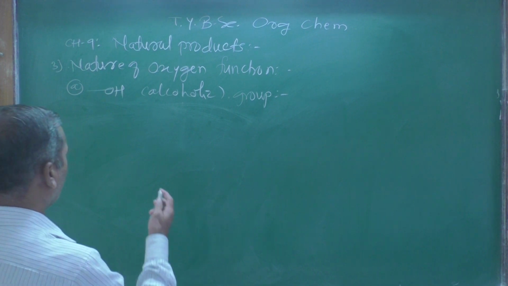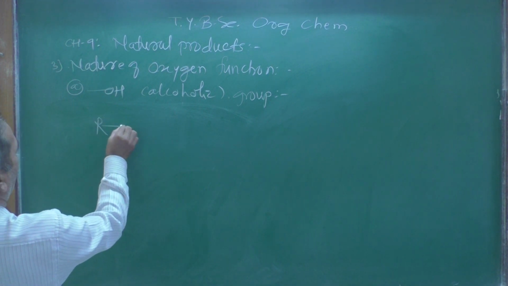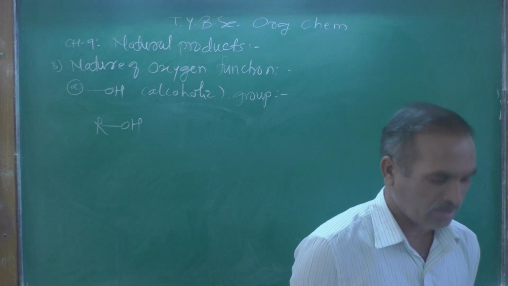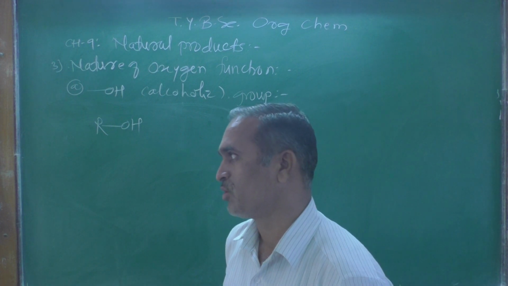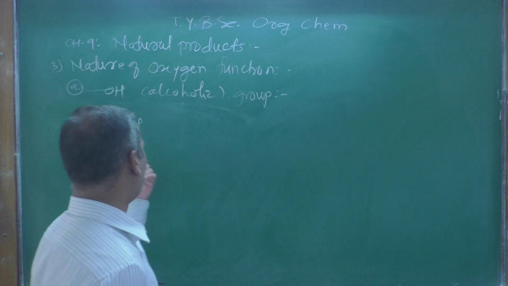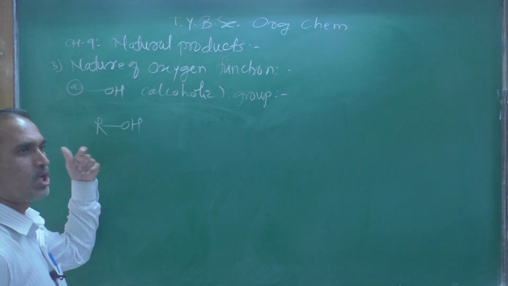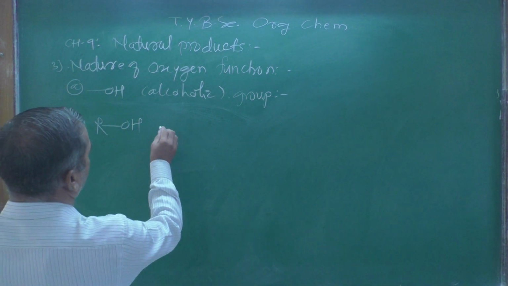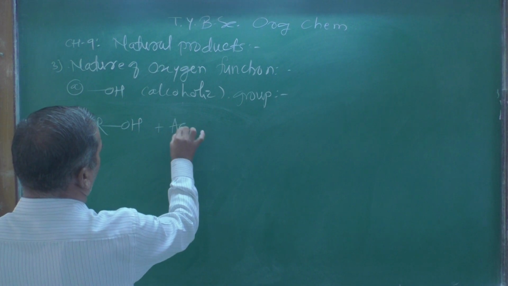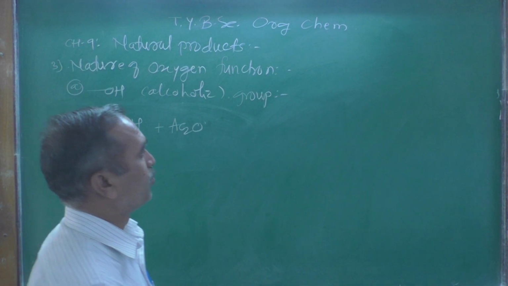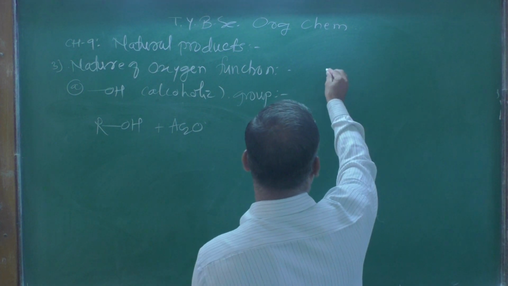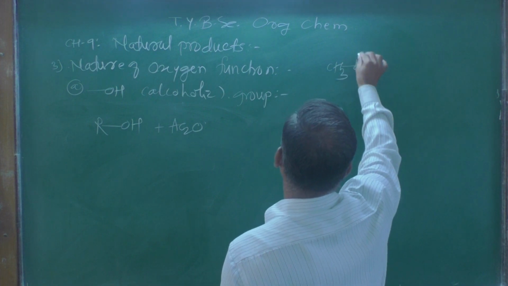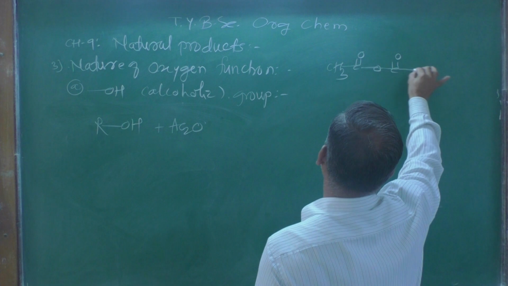Let us see here. Everybody knows that the organic compound having the general formula ROH is known as alcohol, where R is an alkyl or aryl group, maybe aliphatic or aromatic. Now when it is treated with acetic anhydride, Ac2O, with the structure CH3, C double bond O, then C double bond O, CH3.